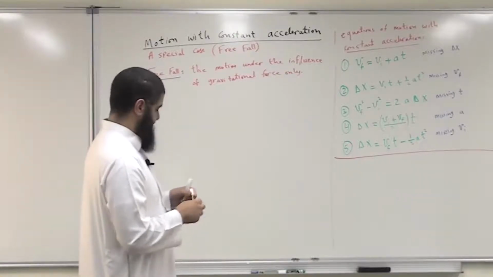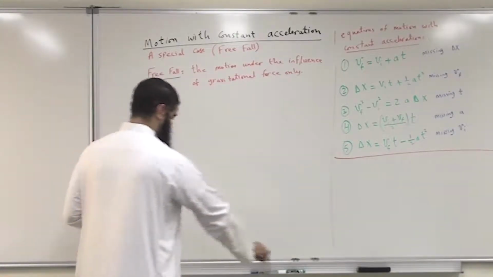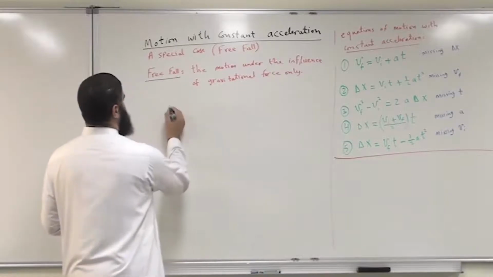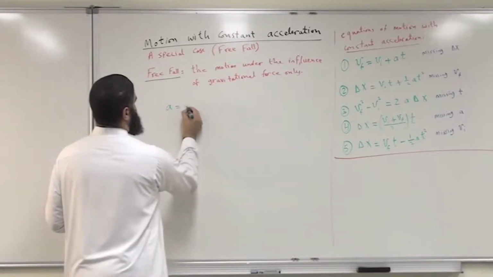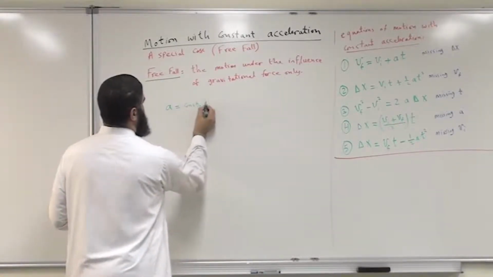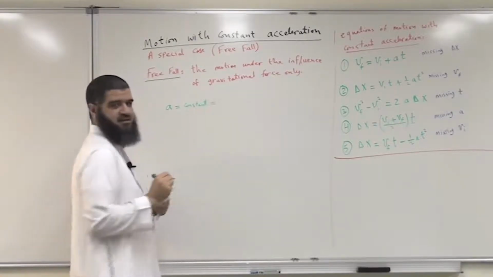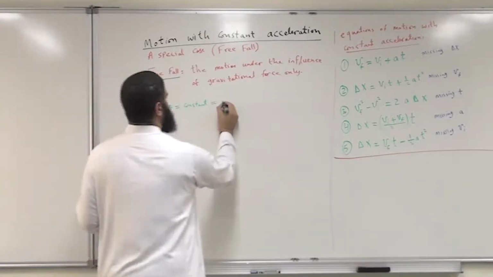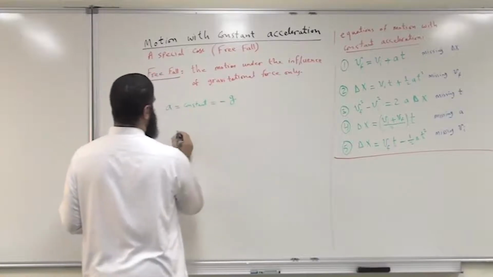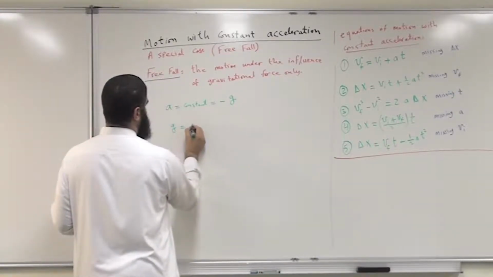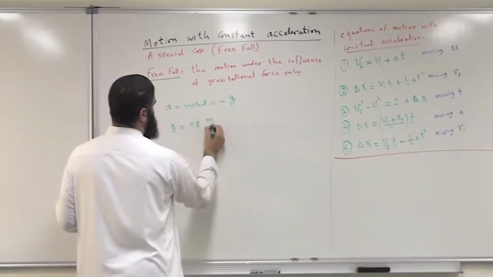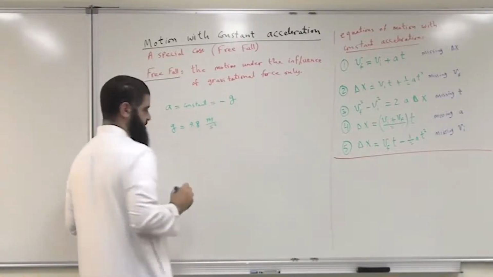So here the acceleration is constant, and it has a fixed known value. It is minus g, where g is 9.8 meter per second squared.